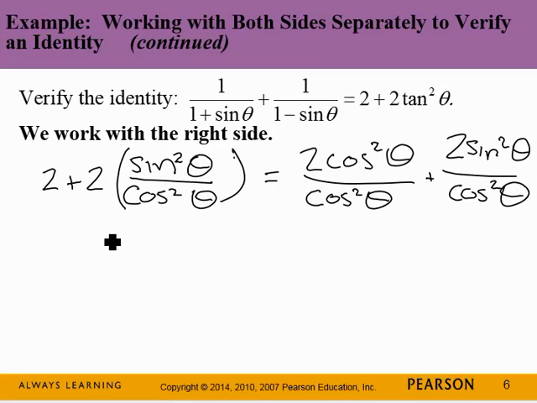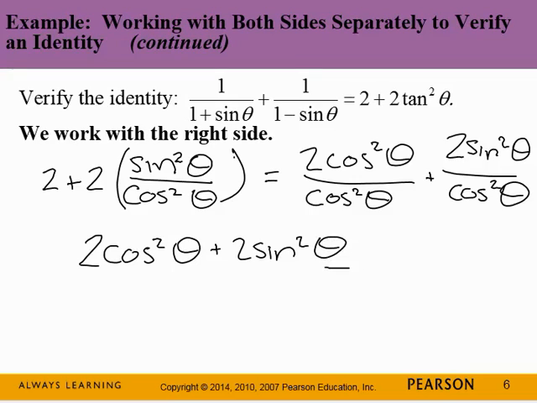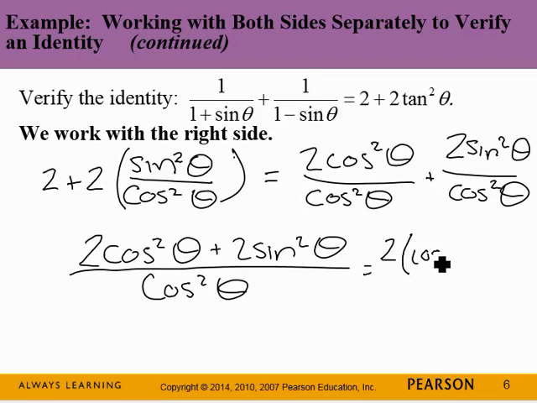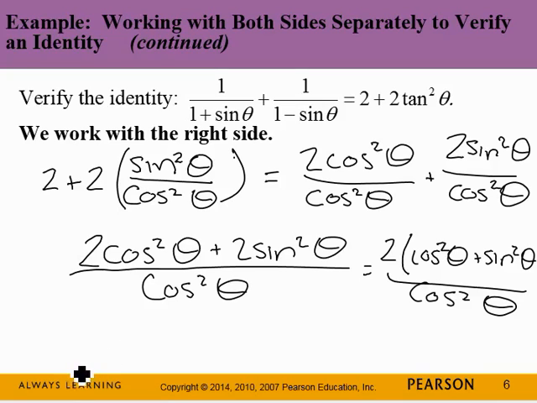So if we combine our like terms, or just combine our fractions, so you have your Pythagorean identity, so sine squared theta plus cosine squared theta. So you have 2 times 1, which is just 2, over cosine squared theta.